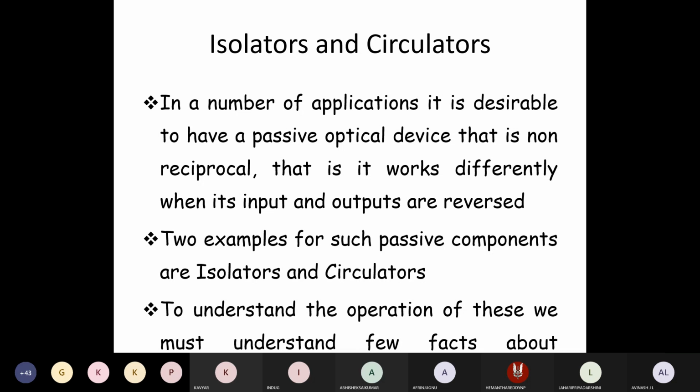Orthogonal plane means one plane is perpendicular to another plane.